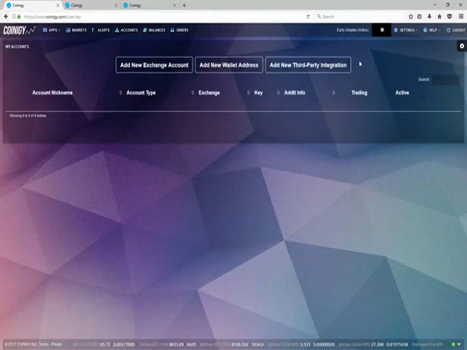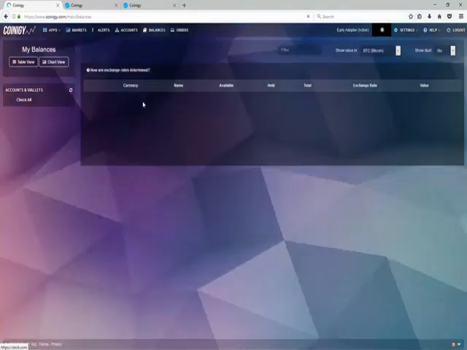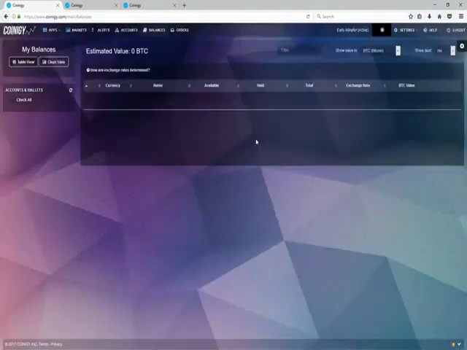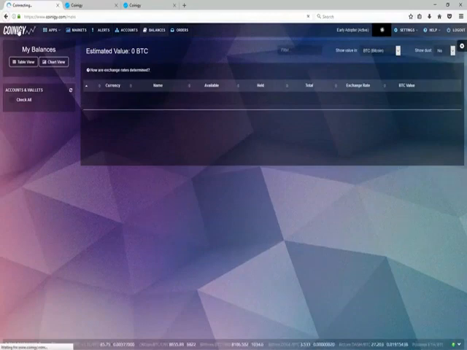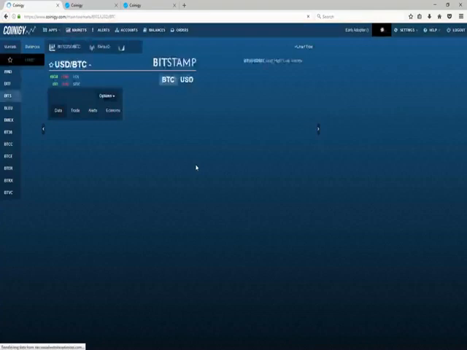Now, if you're going to do something like that, you definitely want to make sure you activate two-factor authentication, and then it'll show you your balances and such if you're trading. But I don't use that section. Predominantly I trade directly on the exchanges. So I use this mostly for charting.